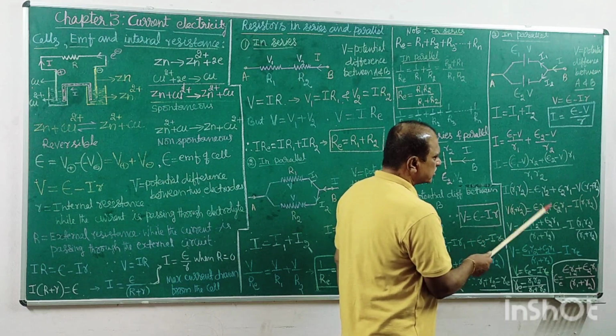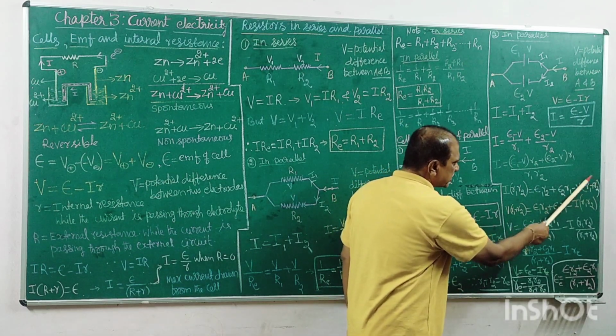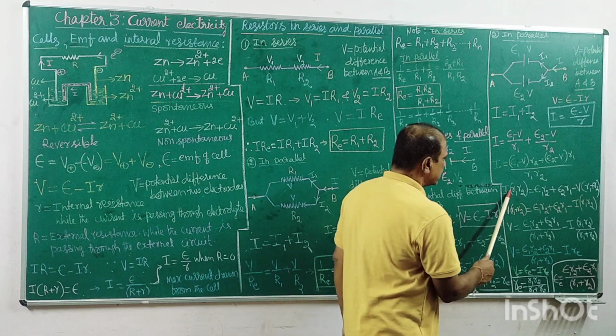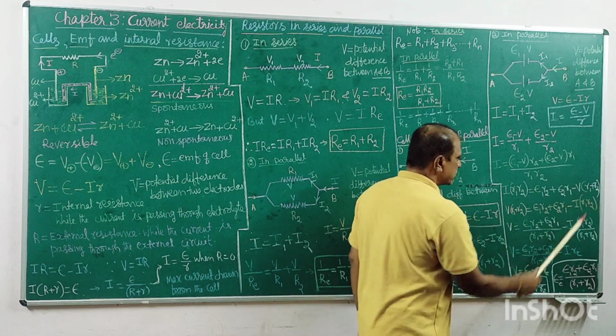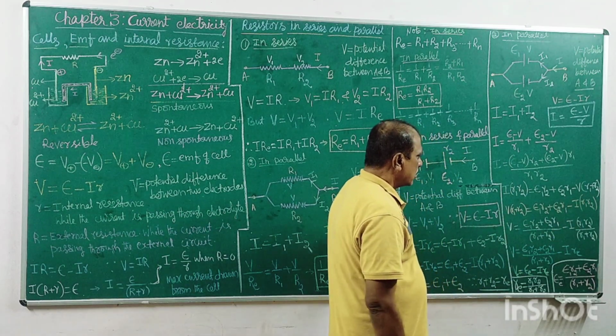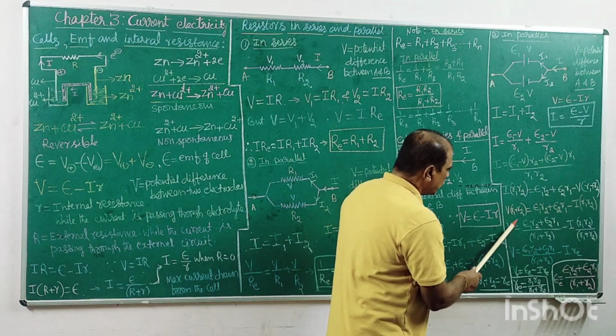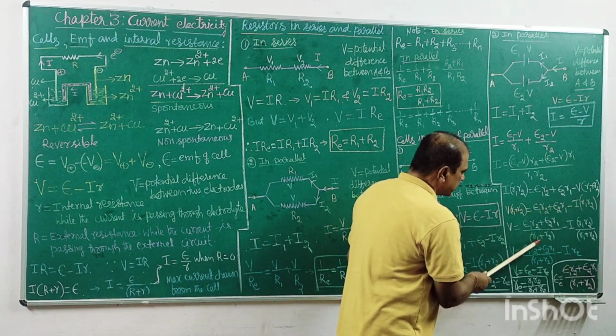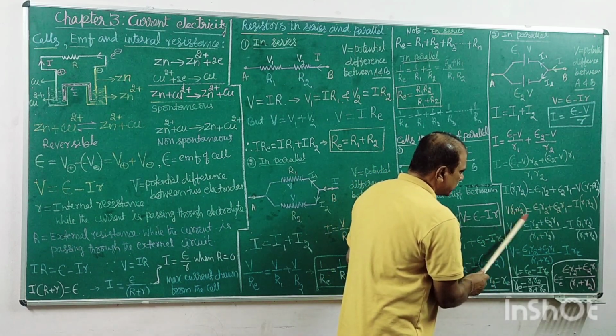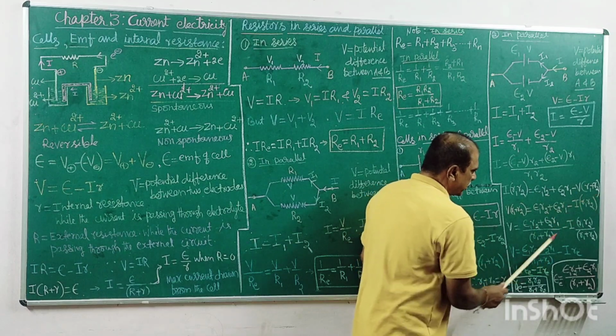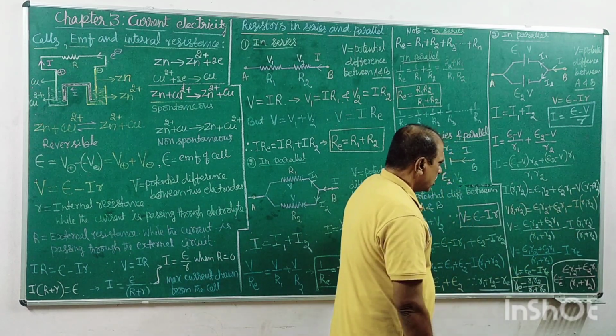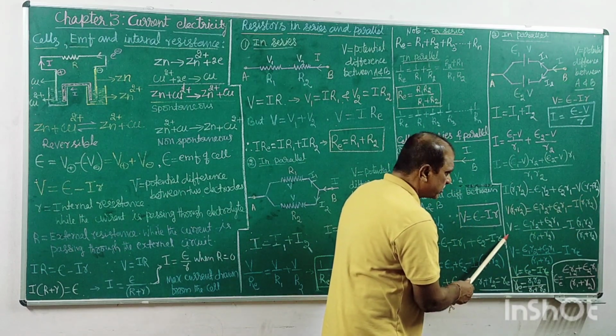Now we will change some terms between left hand side and right hand side. Take this term to the left hand side, this term to the right hand side. And V is equal to, multiply this to both terms like this. Take this one to the right hand side, it goes to the denominator. And this is the final equation.